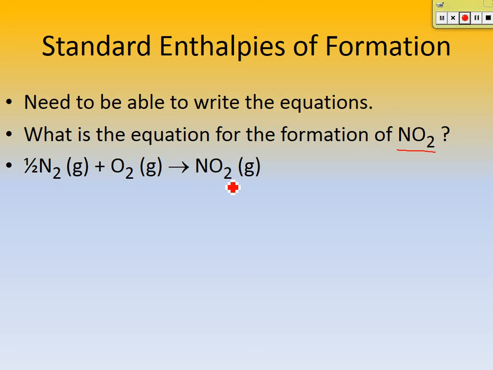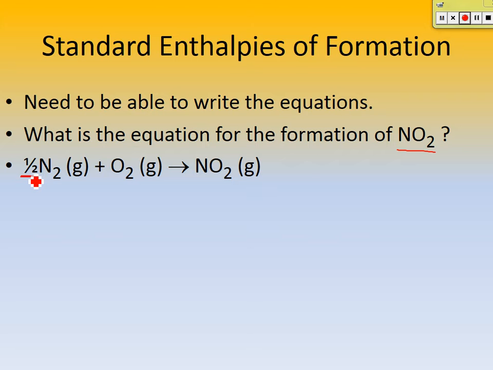How would you make it from the elements? Well, you need nitrogen and you need oxygen, just like you guys said. But if we're going to form just 1 mole, nitrogen and oxygen are diatomic. So you see a little 1/2 here for the moles. You're going to use 1/2 mole of nitrogen. And with 1/2 of N2, how many nitrogens would we have? Just 1. If you take half of 2, you just get 1, and so that's why you see a 1/2 sign there.